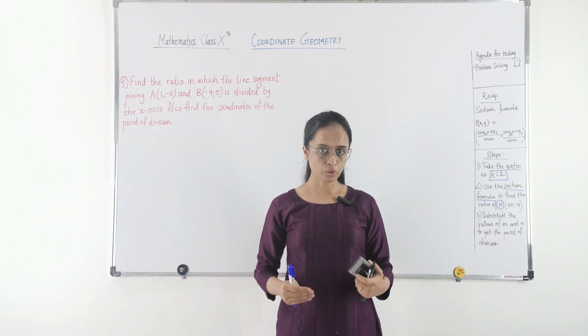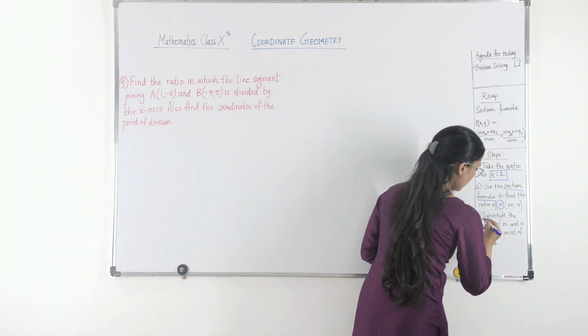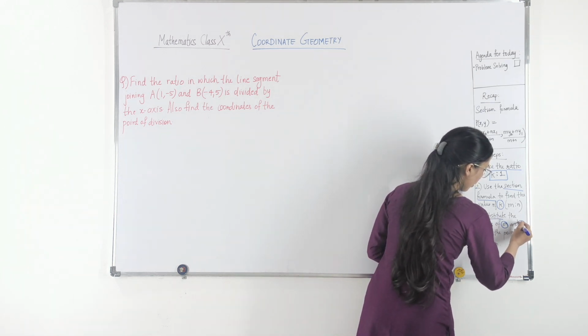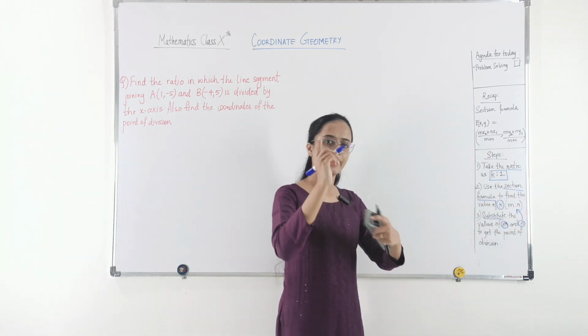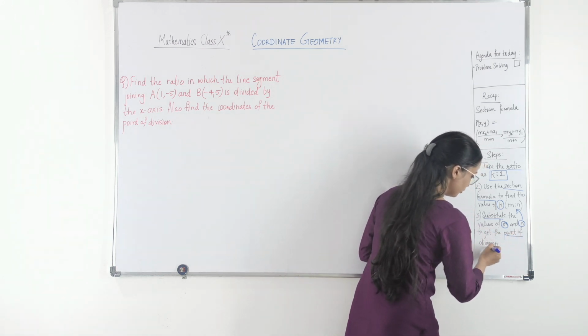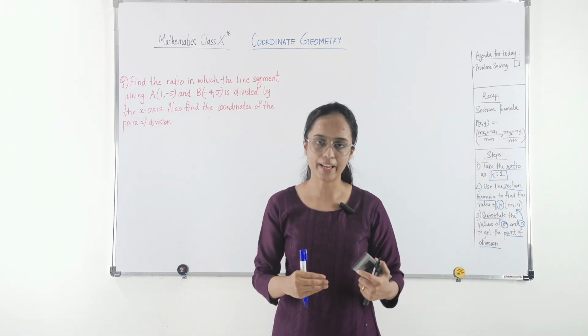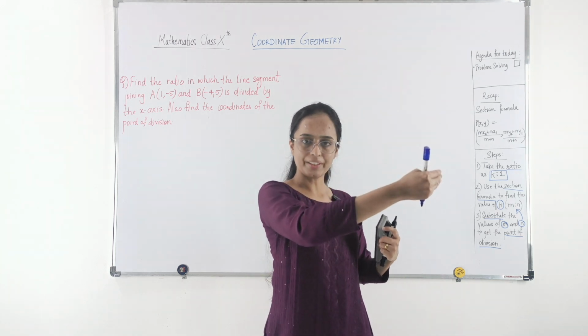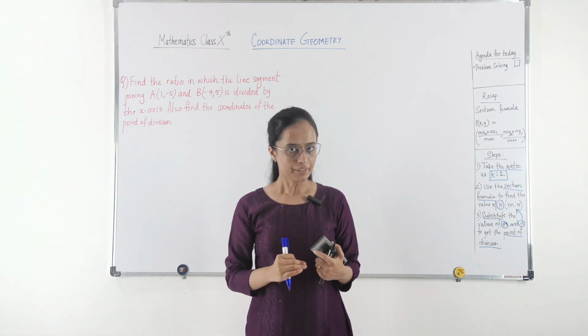Now for part 2 of the question and step 3 of this approach, you need to substitute the values that you have got of m and n from step number 2, and you have to again use the section formula to get the point of division. So once you have got the values of m and n, you have to again substitute them in the section formula and get the point coordinates for the point of division.